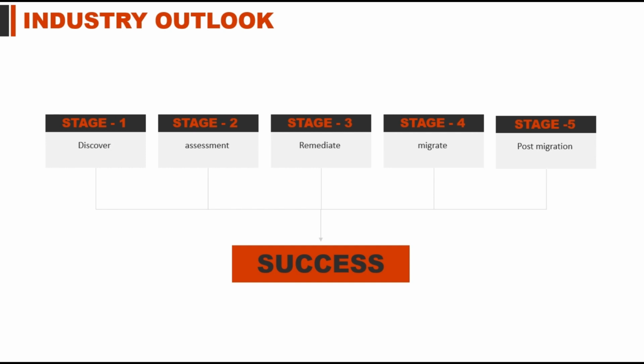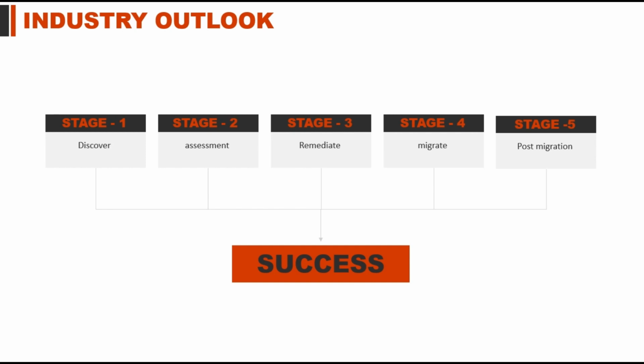If the customer agrees, then we go for the migration process. Here we do migration in three processes: pre-migration, migration, and post-migration. Pre-migration is migration planning, or you can say a migration test. Once we do the tests, then we do the actual migration.